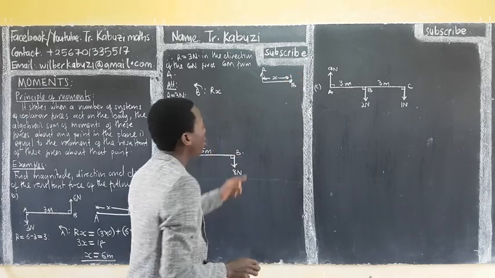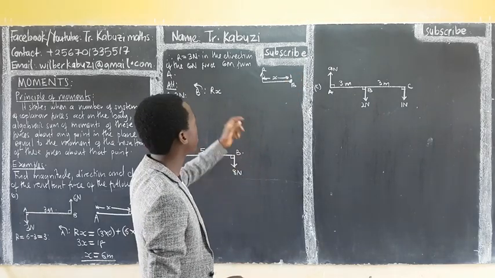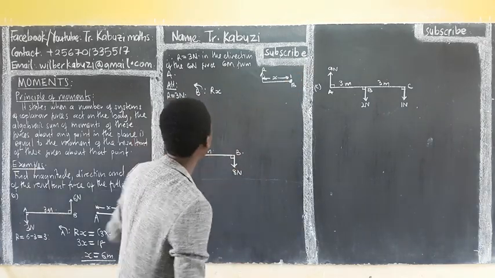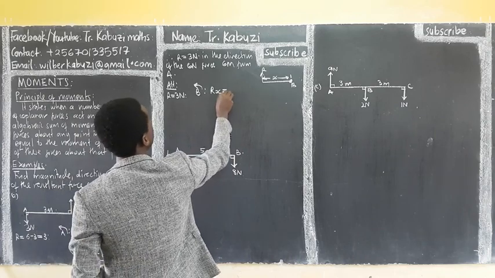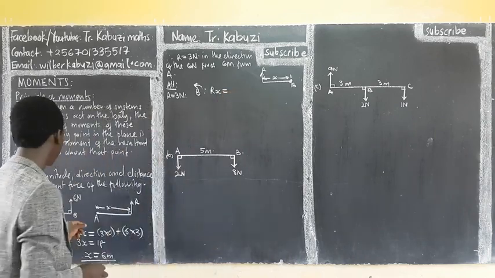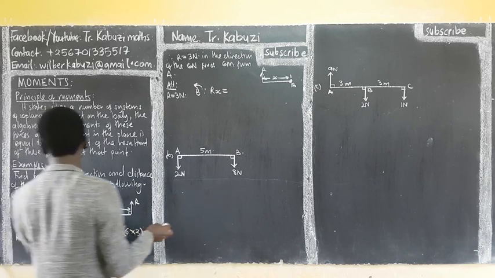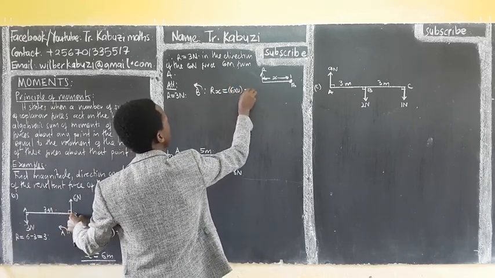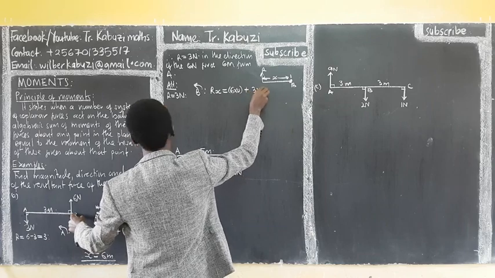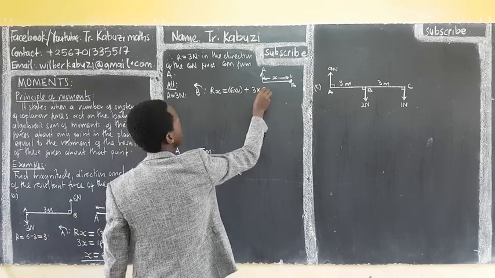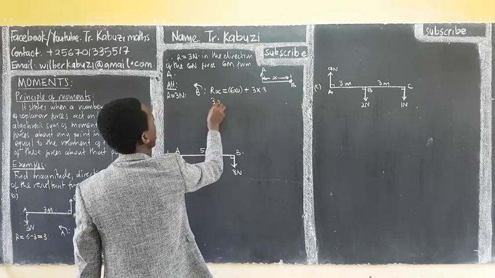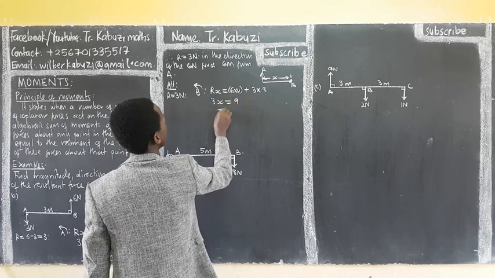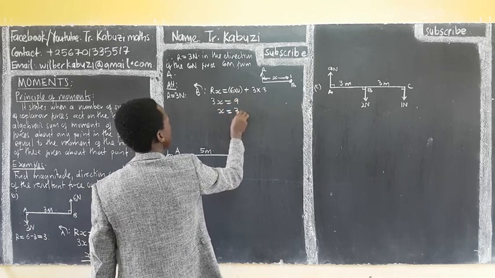So where you take moments from is going to define the distance. So my Rx will be about B. Taking B, it's going to be 6 times 0, because 6 is there, plus 3 times this distance, which is 3. So my 3x here is going to be 9, and so my x is going to be 3 meters.